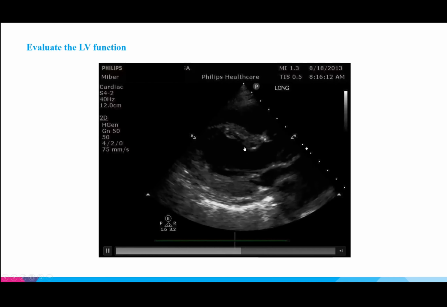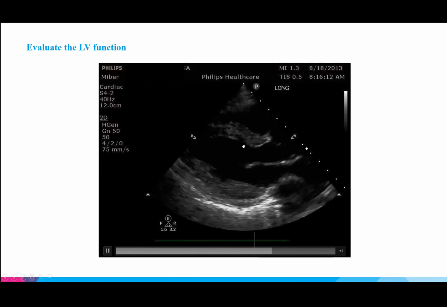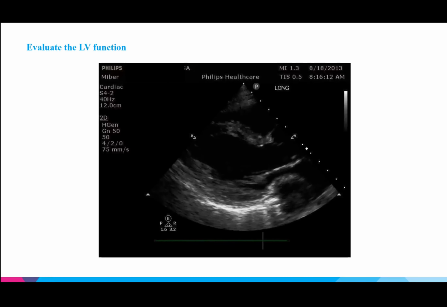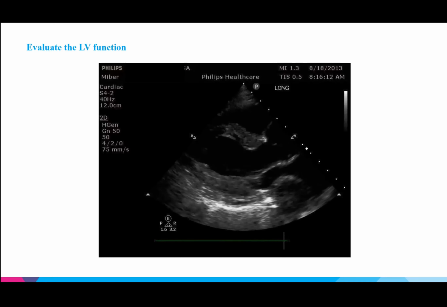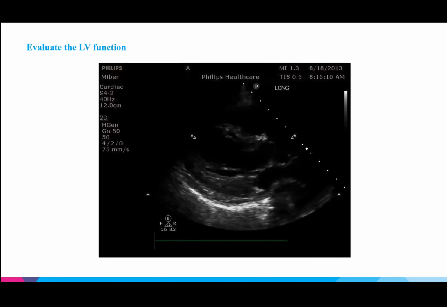Those are all signs to me that the function is reduced. Compared to the other clip, the contraction and thickening of the walls is a little bit more than the first one. So this was a patient who had mild or moderately reduced LV function. The answer here was C. The majority of you got it, so that's excellent. Any questions about this?